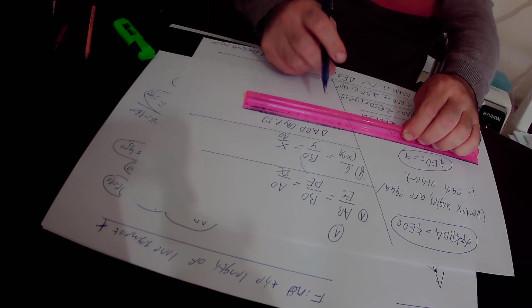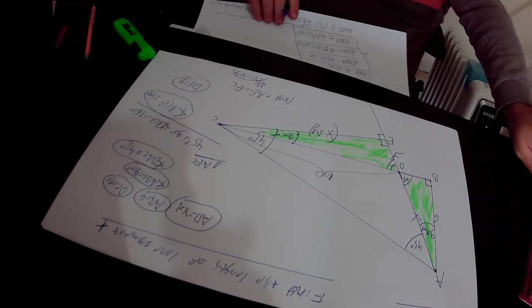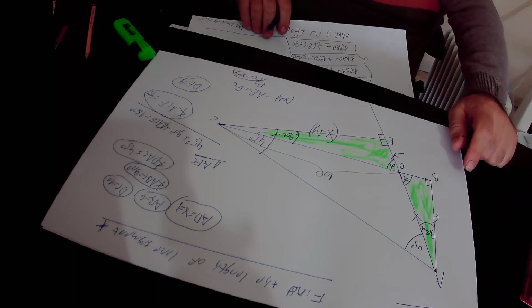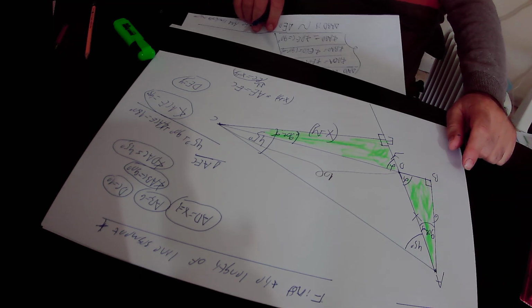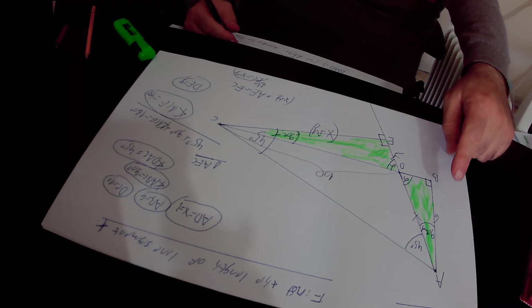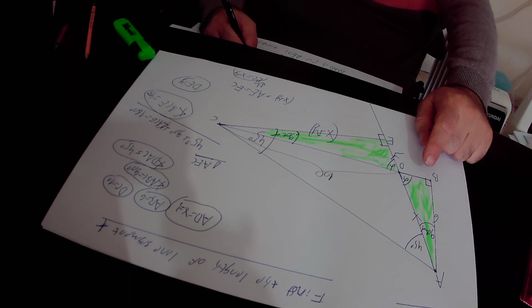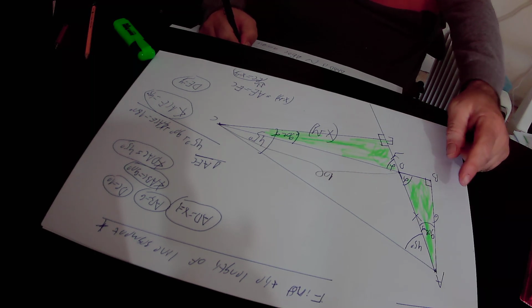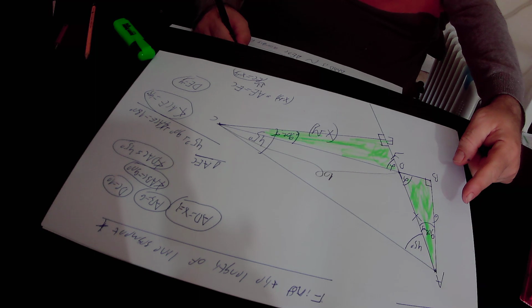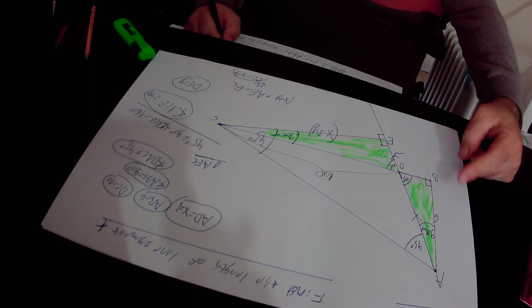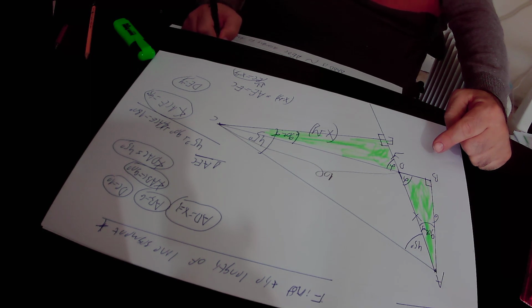According to the Pythagoras theorem, the square of the hypotenuse is equal to the sum of the squares of the perpendiculars. That is to say, the hypotenuse is AD, so the square of the hypotenuse is AD squared, and it is equal to AB squared plus BD squared.